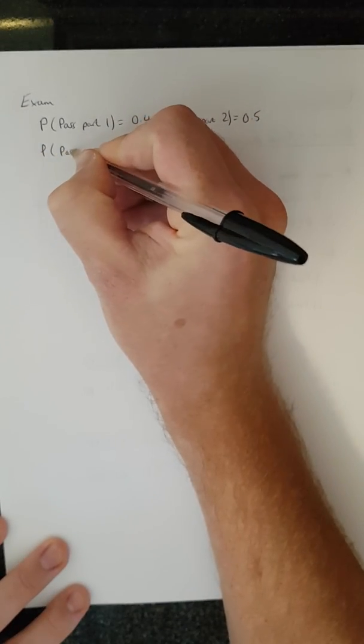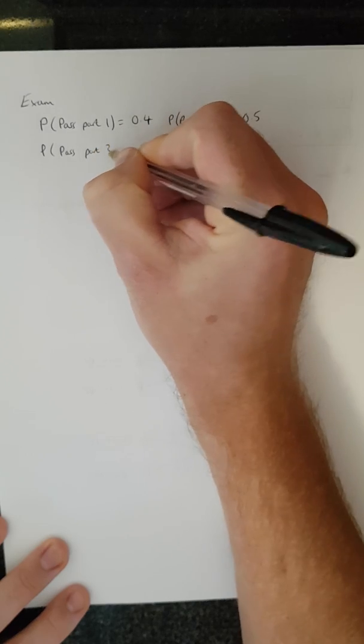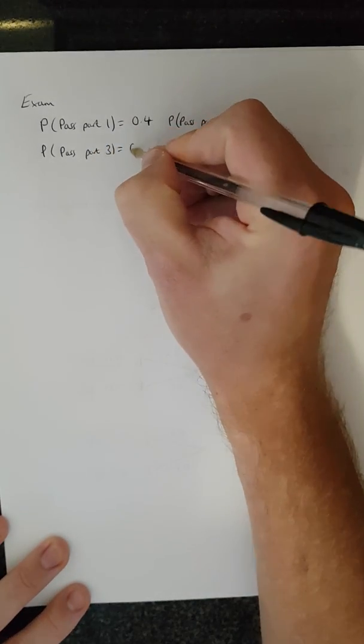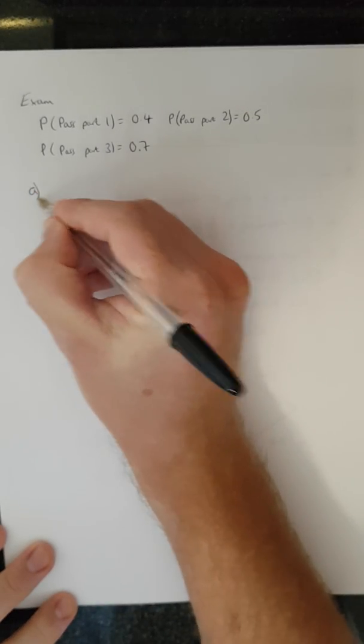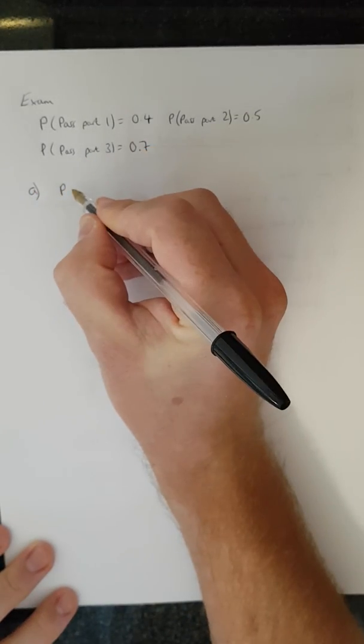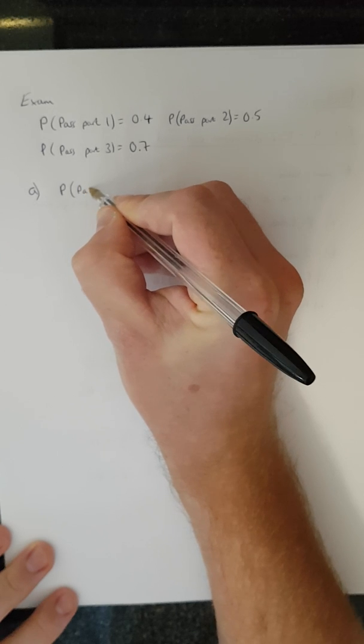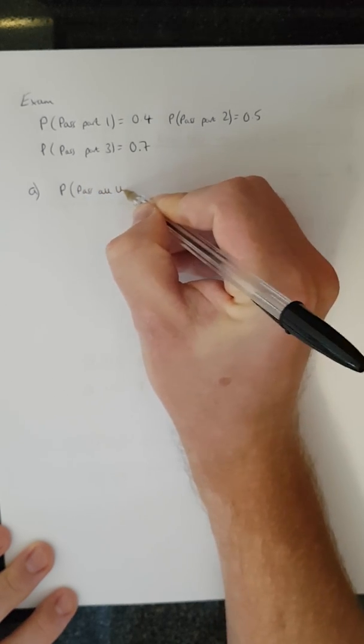And the probability of passing part 3 is 0.7. Now, you get to attempt all 3 parts regardless. So first question for you. What is the probability of passing all 3?